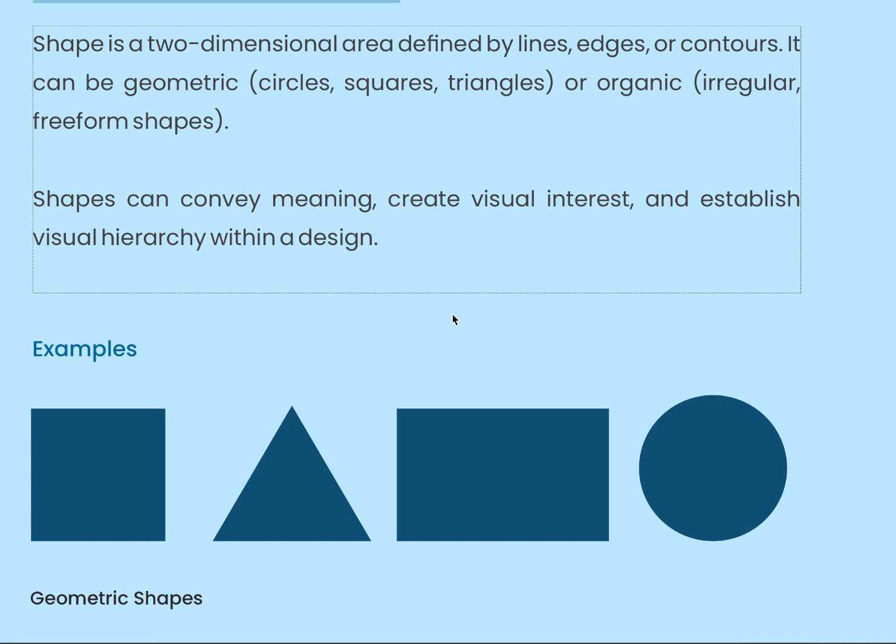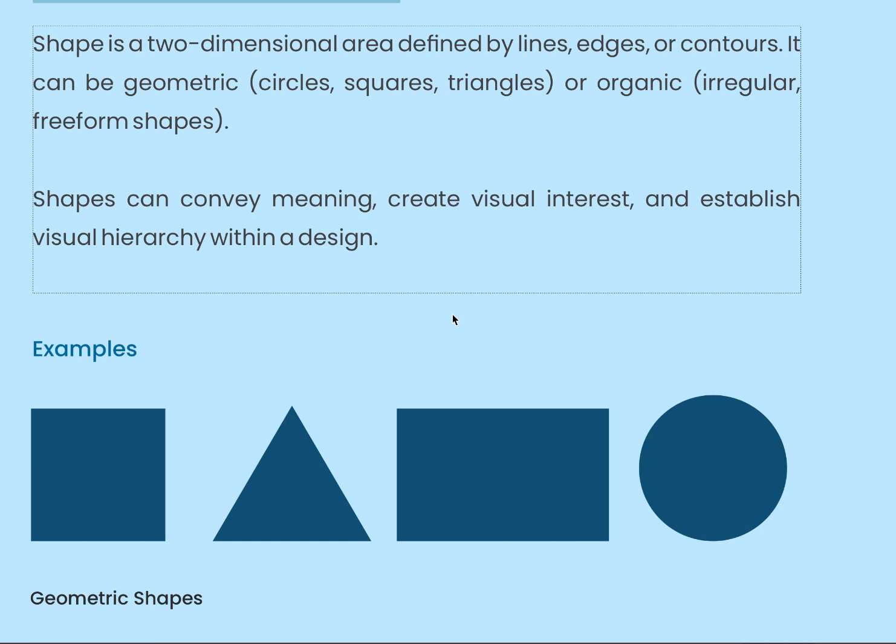However, before you make your logo a triangle, or a square or a circle, you should understand that there is a meaning behind it.